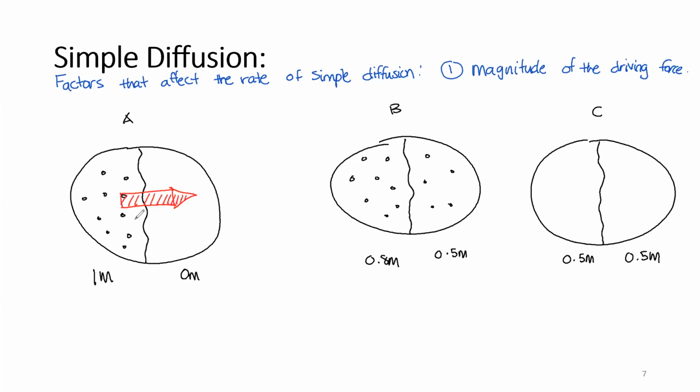Which is indicated by this large arrow. We have a bigger gradient, which gives us a bigger magnitude of the driving force. And so because we have this larger gradient and this larger driving force, we automatically have a faster rate of transport.